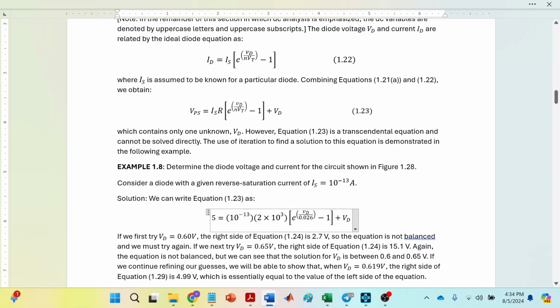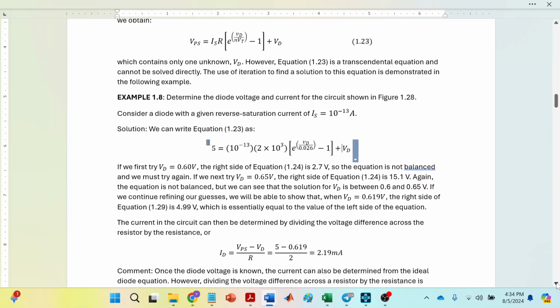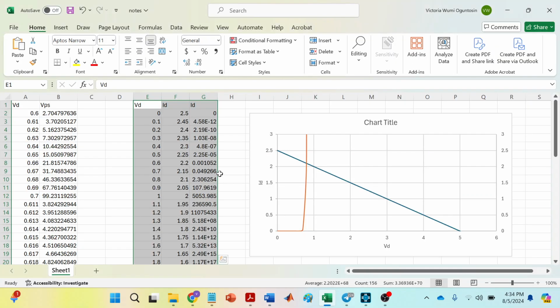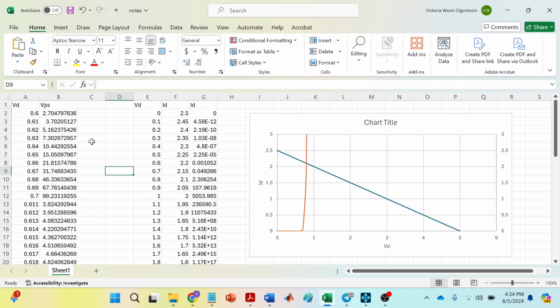Then we'll begin to use the trial and error approach to get the value of VD, because like I said earlier, it's not really possible to develop an equation that would give you the value of VD. So we begin to substitute different values of VD and see if we arrive at this 5, which is the power supply voltage. So to make it easier, I have an Excel sheet here.